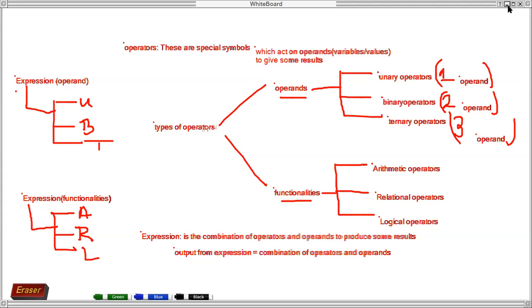Okay, so we'll move on to the next in detail. Firstly, we will discuss the operators in terms of the operand, and not only that, we will also discuss the various types of expression using the operators related to the operand.